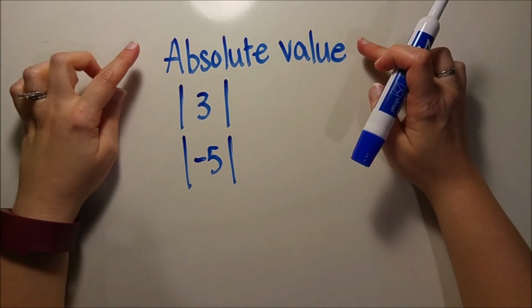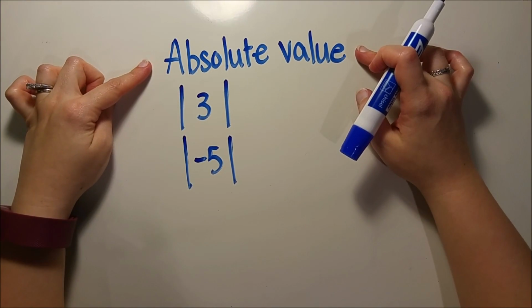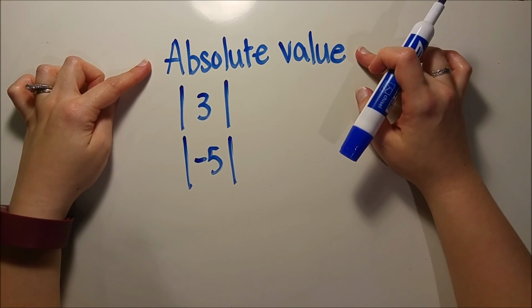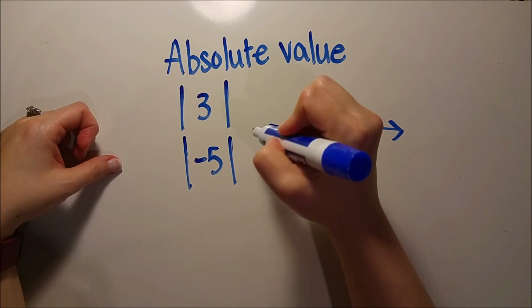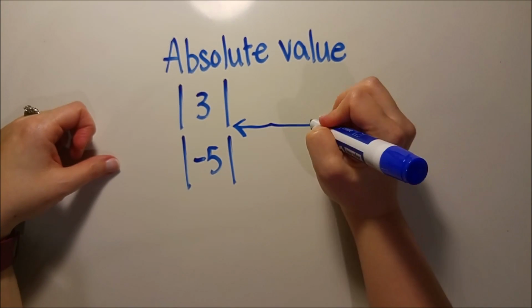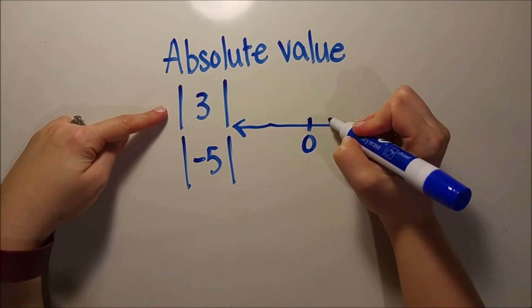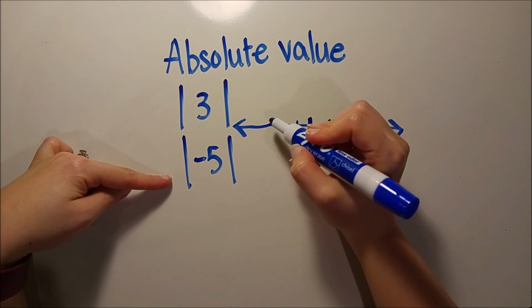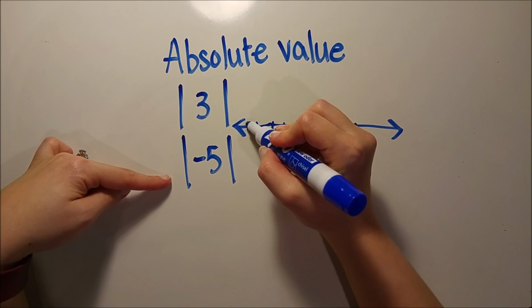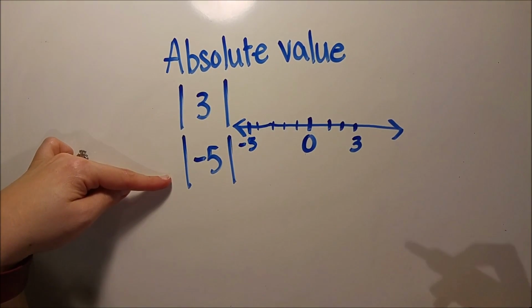When we're asking for the absolute value, we're looking for the distance from 0, really. So if you think of your number line, here's 0, 1, 2, 3. 1, 2, 3, 4, there's -5.